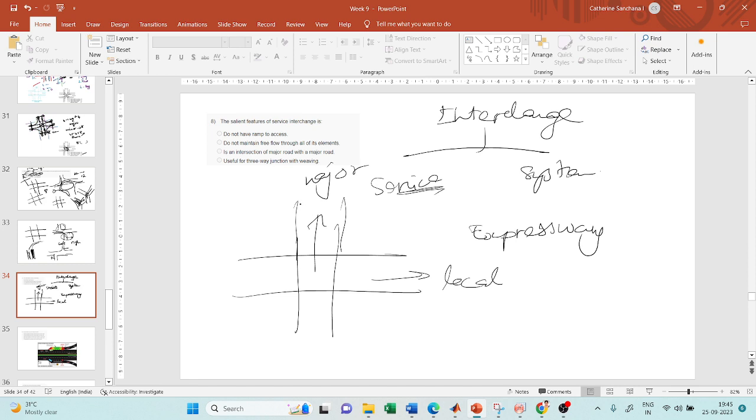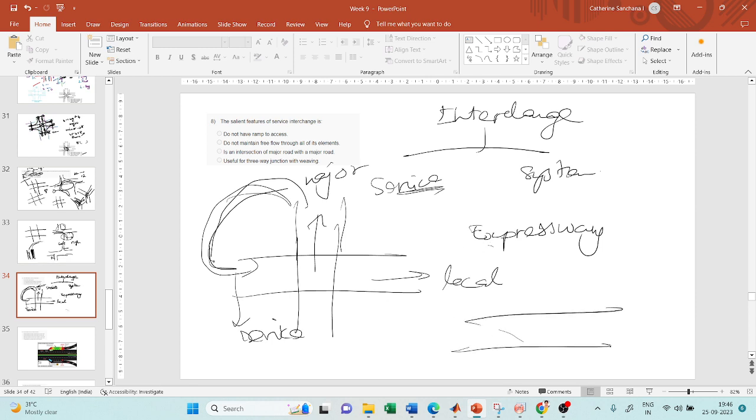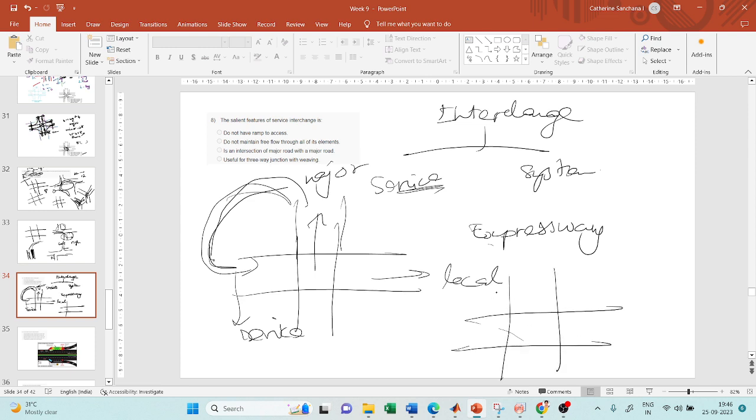If ramps have been provided, if connection is provided between these two, then it is called a service interchange. What is a system interchange? Both are major roadways and you provide connection between these major roadways using loop ramps or any kind of network of ramps.